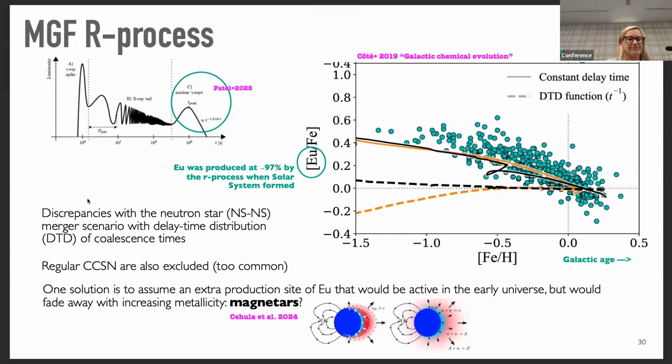In this plot, it shows very massive stars in the disk of our galaxy. In particular, there's the metallicity on the x-axis, with 0 being our Sun, and the abundance of europium with respect to iron.